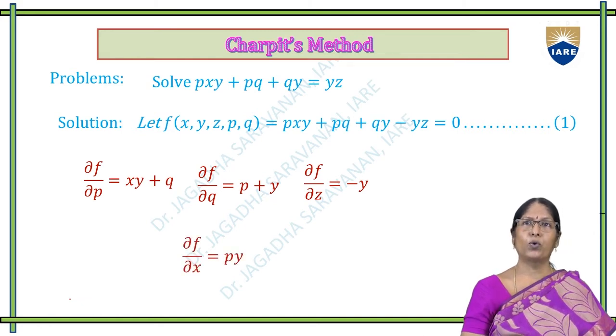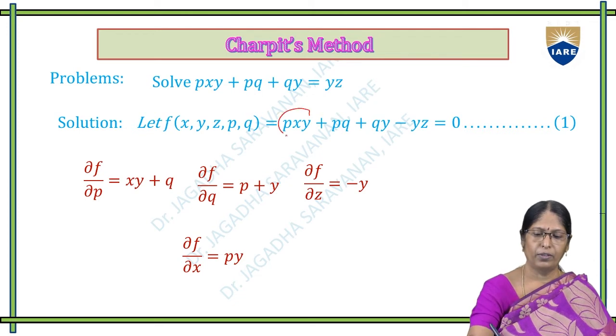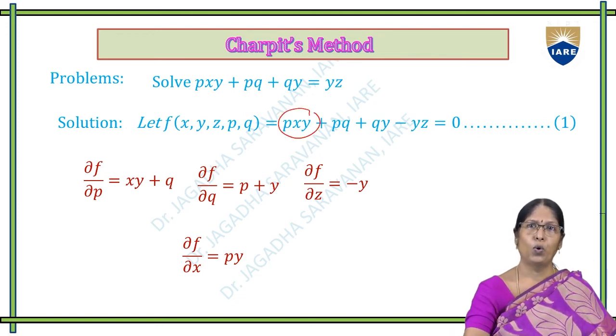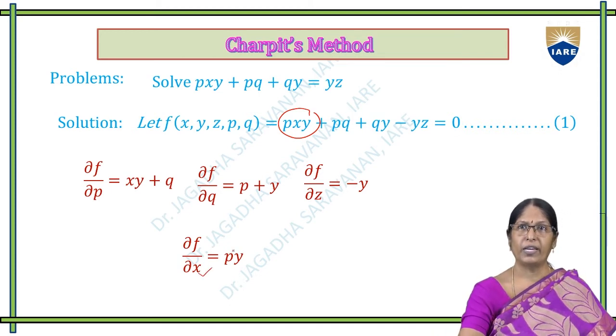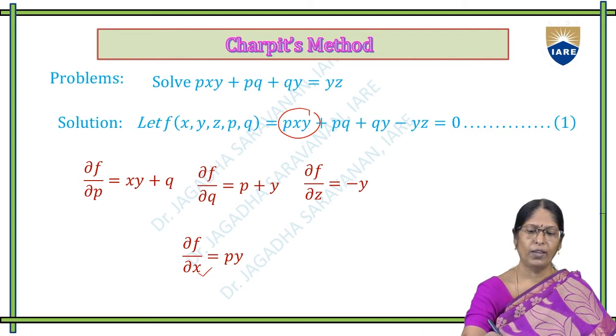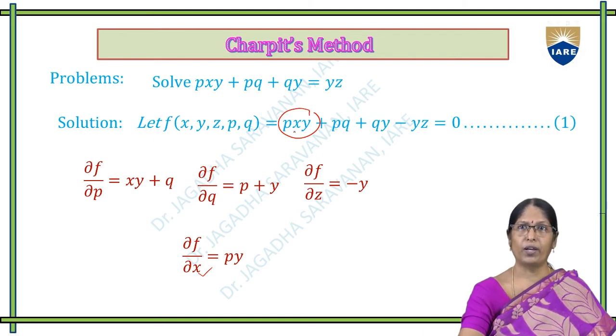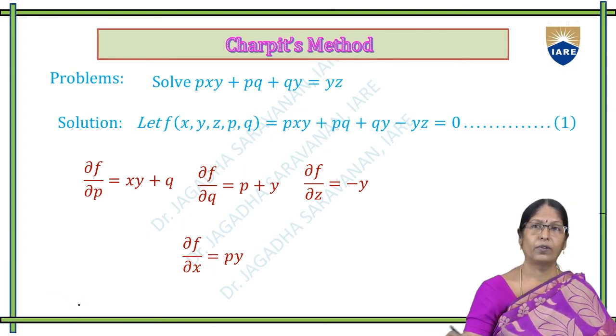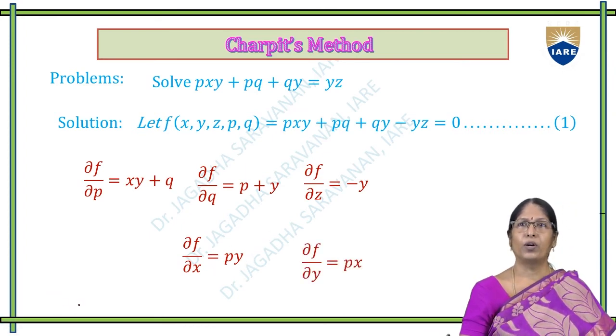The next one is dou f by dou x. Here the term pxy is there, in which partially the variable x is there. X differentiation is 1 into py. The next one is dou f by dou y.